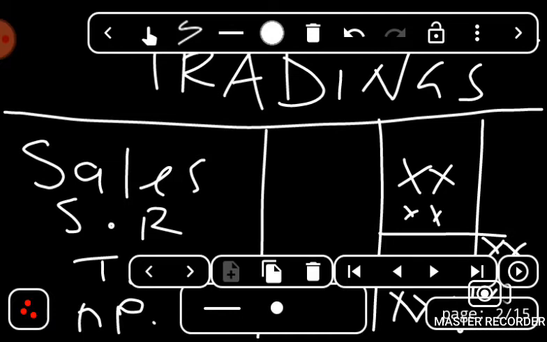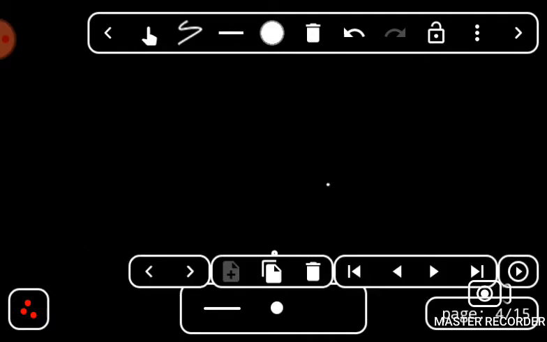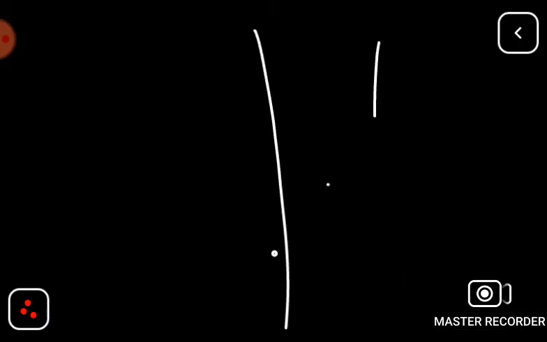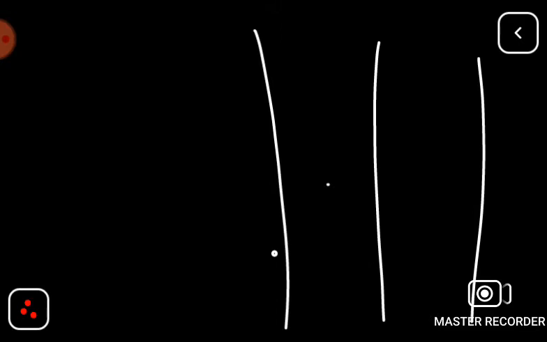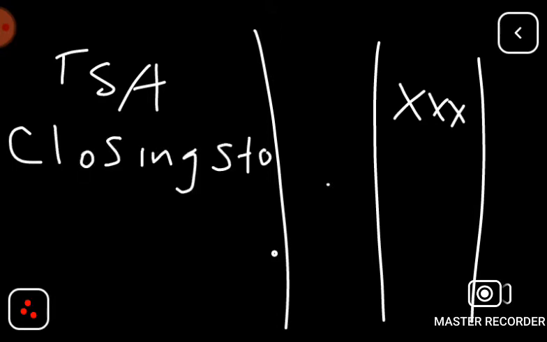Now the amount of opening stock and the amount that you're going to find here shall be added together to find our total stock available, and you're just going to place it there. Then you're going to subtract closing stock.